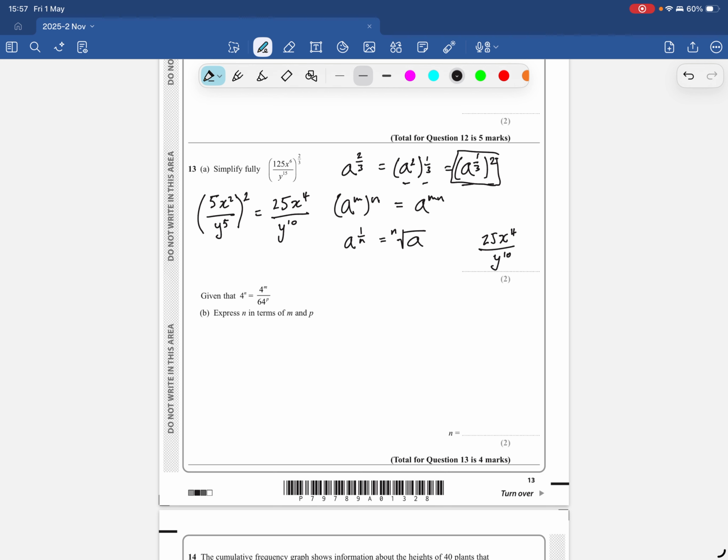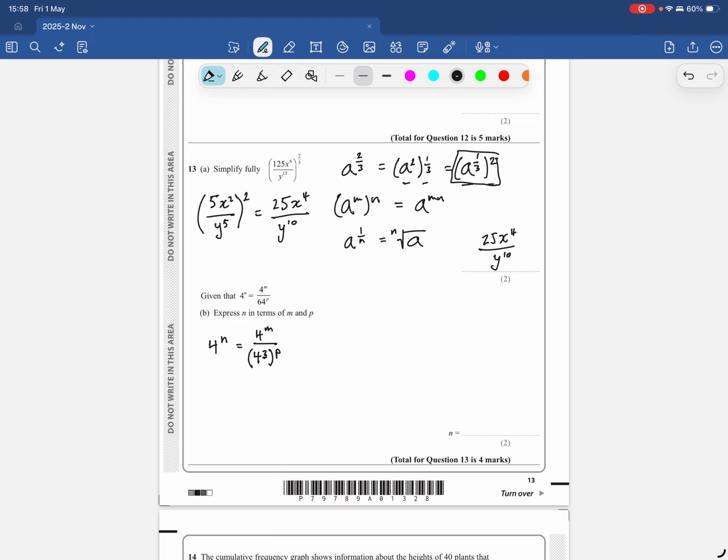This one at the bottom here, whenever you see index law questions like this with different bases, so we're raising 4 to some power, here we're raising 64, we want to write them all to the same base. 64 is 4 cubed, so we can immediately write this as 4 to the n equals 4 to the m over 4 cubed to the p. Let's write that neatly.